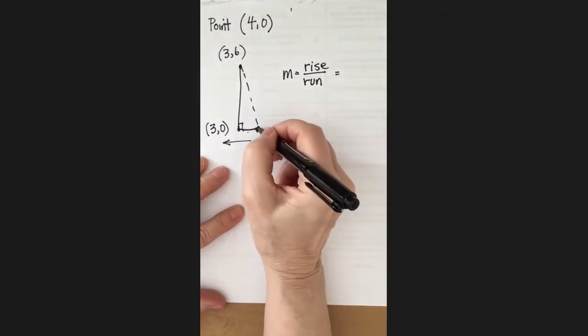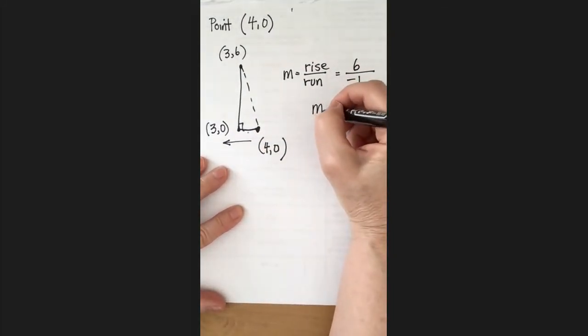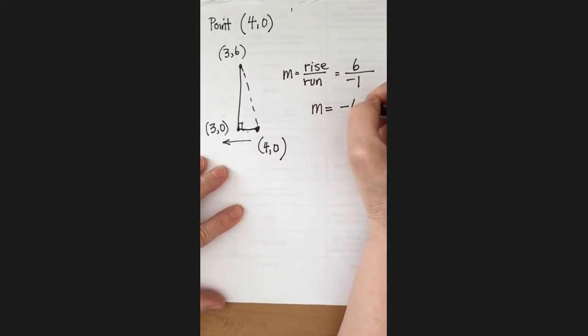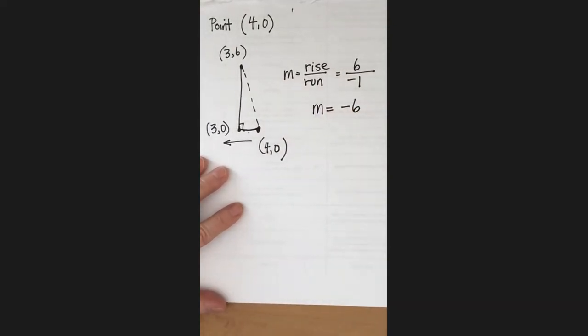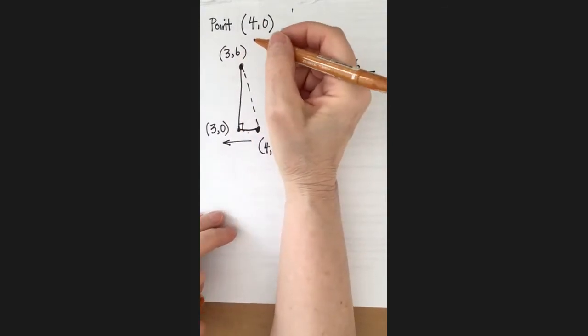We've gone from 4 to 3 on the x-axis, and so that means the run is -1, but we can see the rise is 6. So we find that the slope of this line is -6. You can get the same thing if you start from the top point.